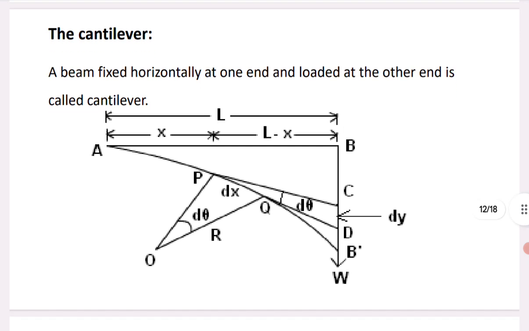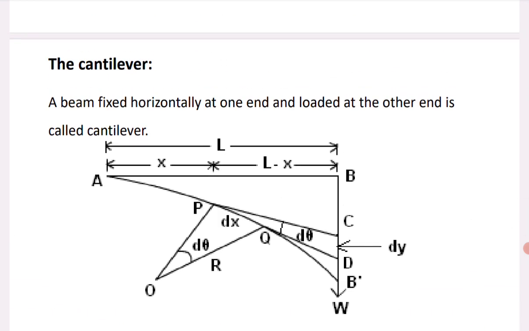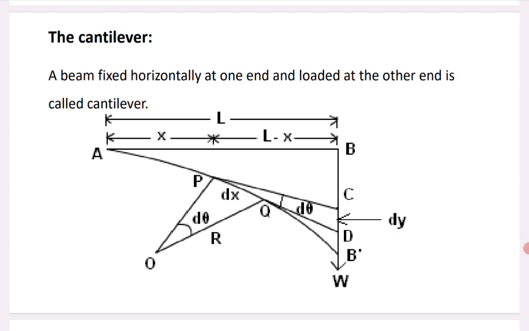So now we come to the cantilever. What is a cantilever? What is the theory of the cantilever? A beam fixed horizontally at one end and loaded at the other end is called a cantilever. Now you can see AB is the beam, where A is the fixed end of the beam and B is the free end of the beam.